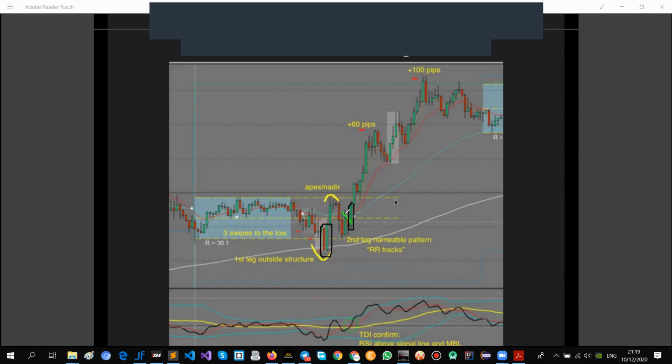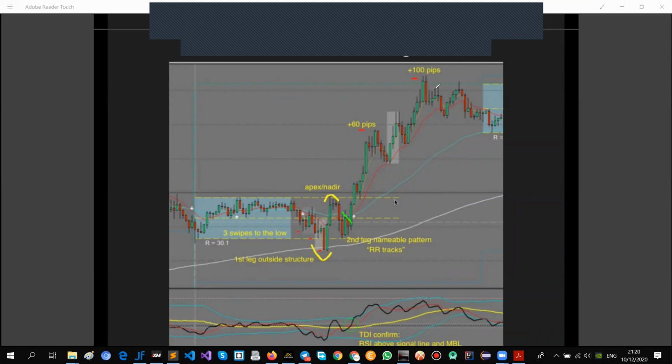But then the trade was entered here due to the railroad candles here again on the second leg, as you can see there. But this one was the shifting candle, as you can see. So very significant and important candlestick patterns.